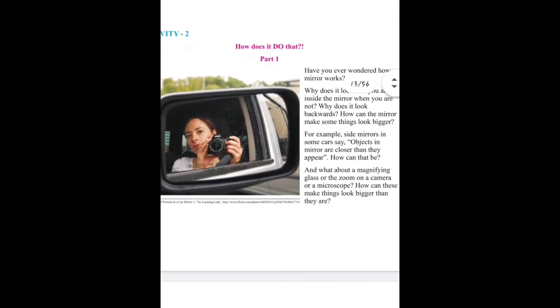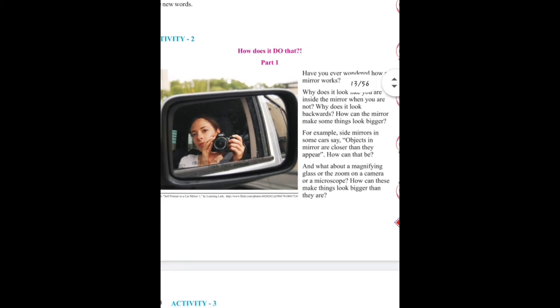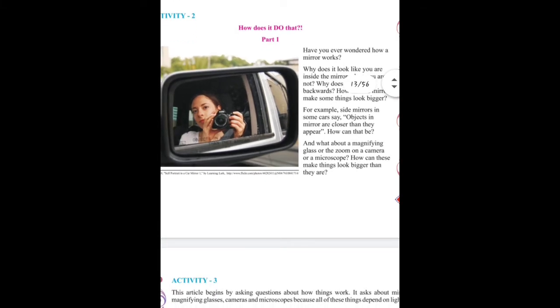For example, side mirrors in some cars say objects in mirror are closer than they appear. How can that be? And what about a magnifying glass or the zoom on a camera or a microscope? How can these make things look bigger than they are?